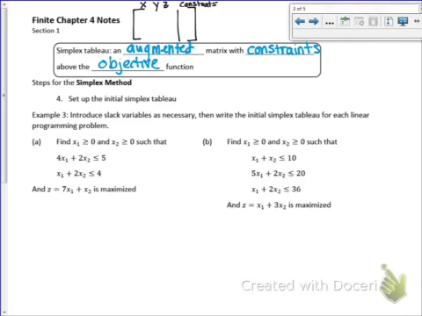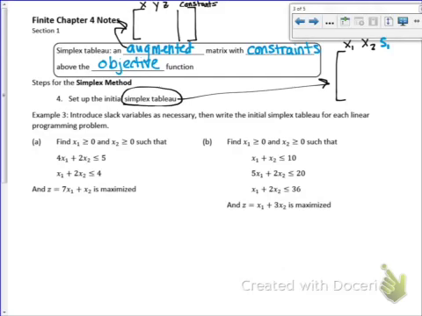Okay, now this is going to look very similar. So that was an augmented matrix. That's what this is. And then our simplex tableau is going to look something like this. It's still going to have our brackets, except column 1 will be x1, and then column 2 will be x2. And then you have to have a column for your slack variables.